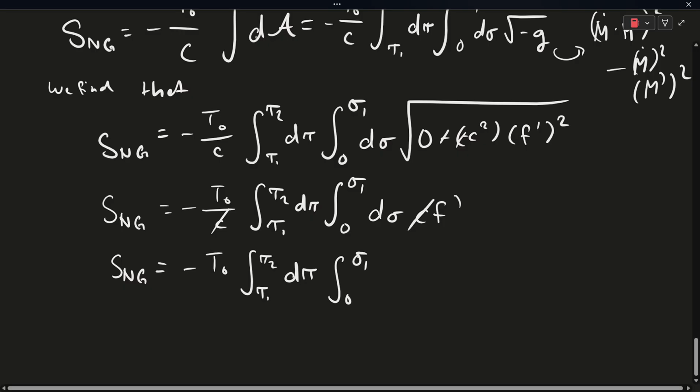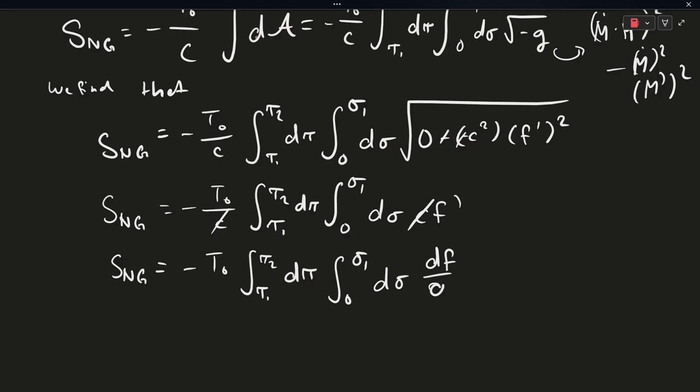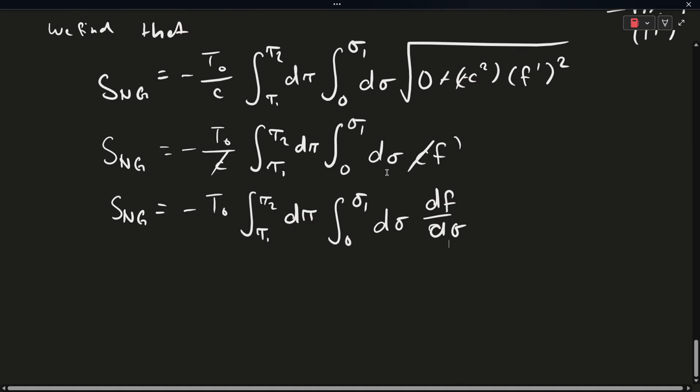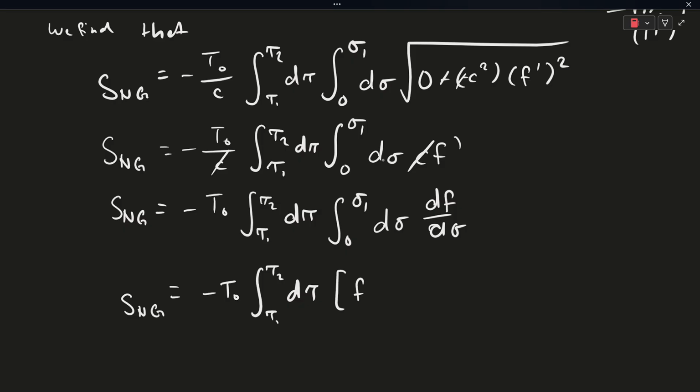integral from 0 to sigma 1 of d sigma, and this f prime is a total derivative. So from the fundamental theorem of calculus, I can reduce this into simply an expression involving f. So the integral goes away, to integral from tau 1 to tau 2 d tau, and essentially this would be f of sigma 1 minus f of 0.